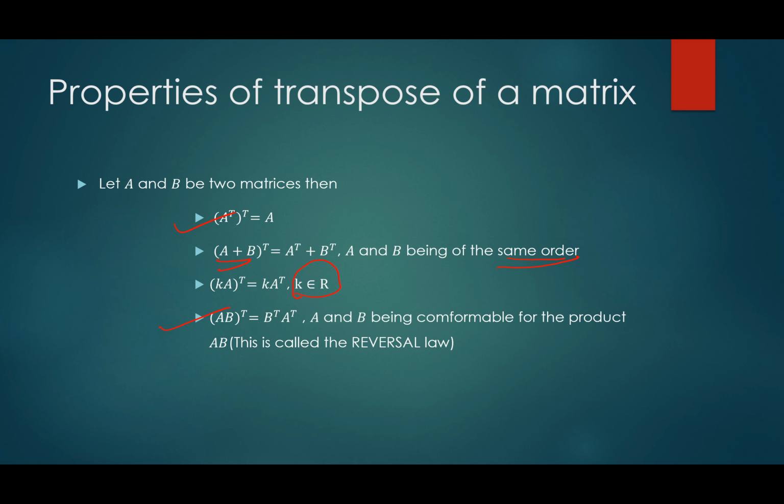After multiplying these two matrices, whatever answer we get, we take the transpose of that matrix, so it is (AB) transpose. This is equal to B transpose into A transpose. This is a very important property, also called the reversal law of matrices. Everybody got this concept clear?